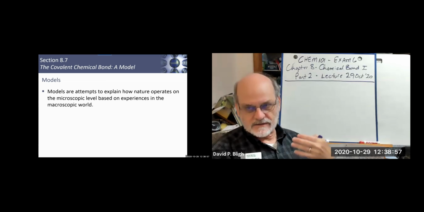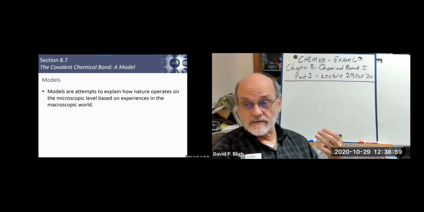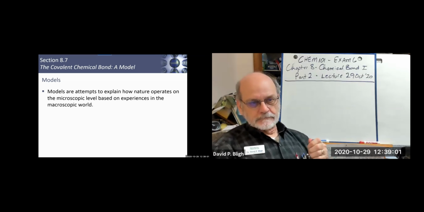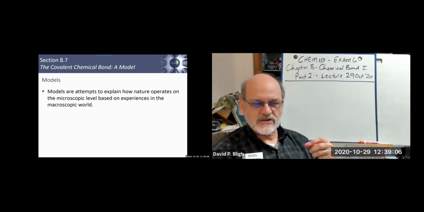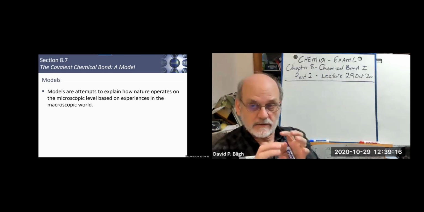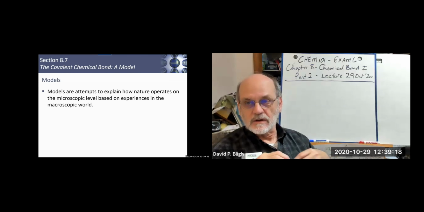And I mean by that, images of atoms and molecules. But the model gives us a representation of those atoms and molecules. And in this case, how the atoms fit together, and in particular, how they bond.